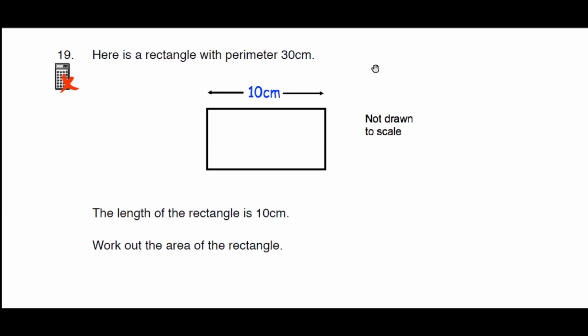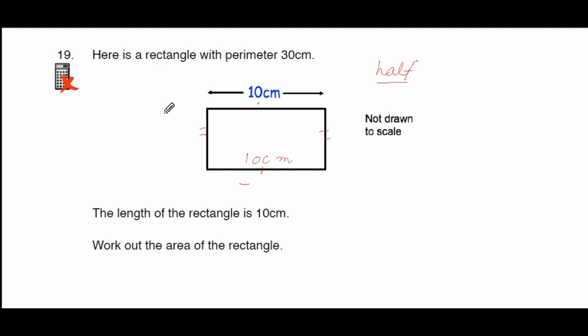Okay, so look at here, we are given the perimeter of a rectangle. So you know perimeter is the sum of the sides. Here we are given the length, which is 10 centimeters, and this one will also be 10 centimeters. But we don't know about the widths. So 10 and 10 makes 20, which is half of the sum of the rectangle, isn't it?